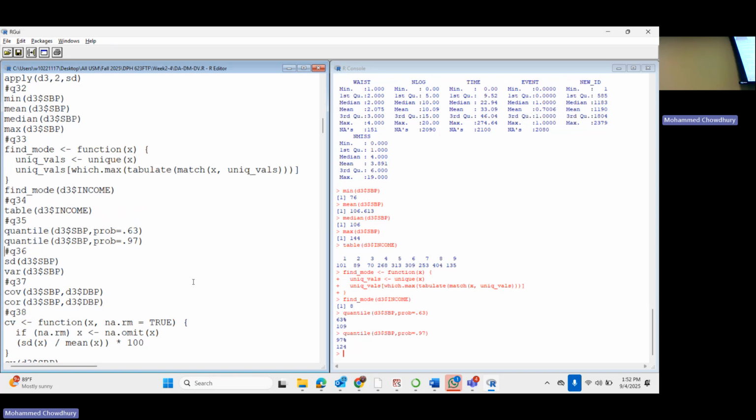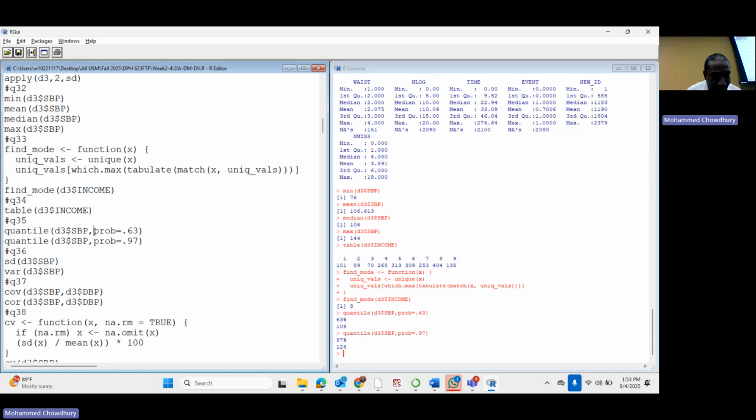Deciles divide it into 10 equal parts, and percentiles into 100 equal parts. Percentiles, quartiles, and deciles together are called quantiles.